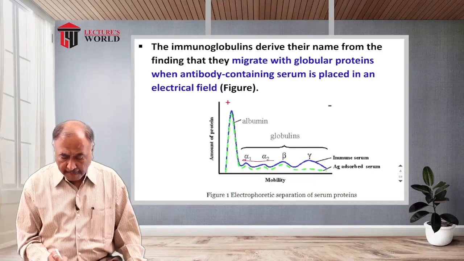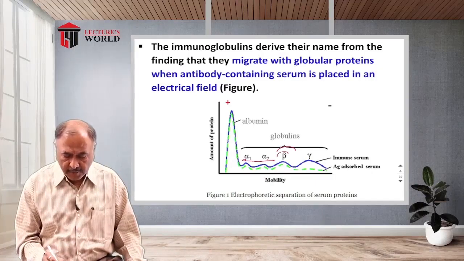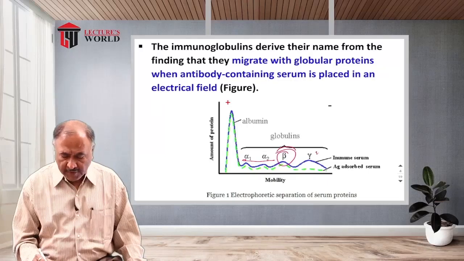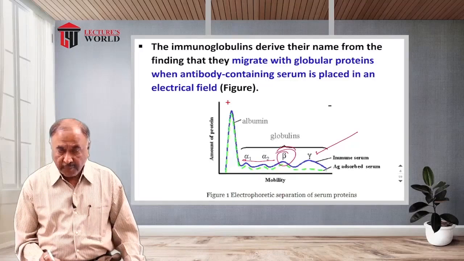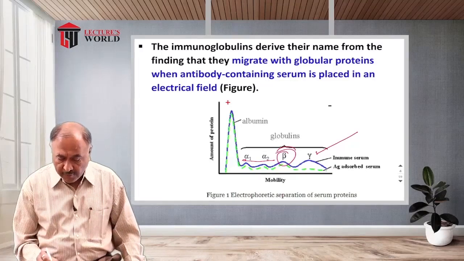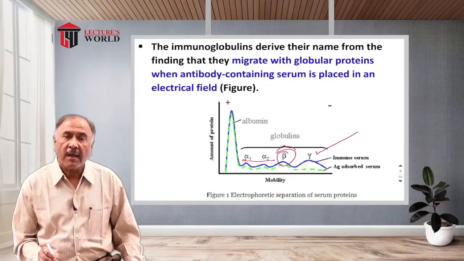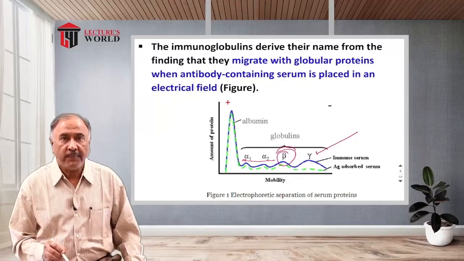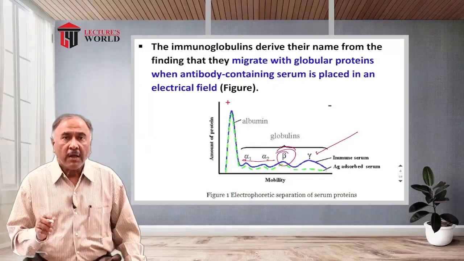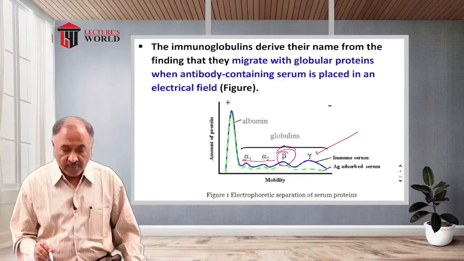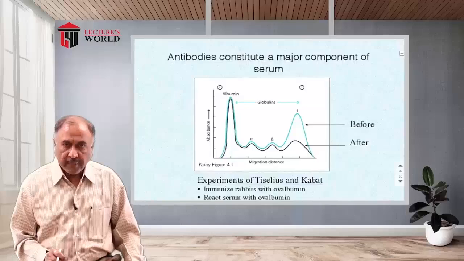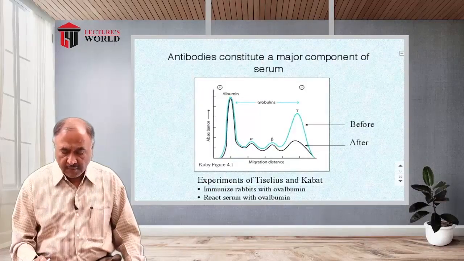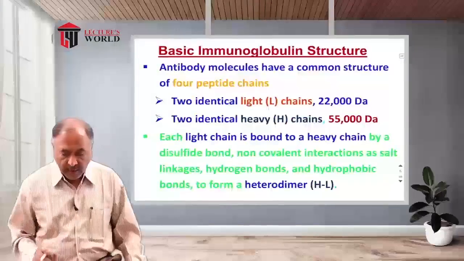Then we have the beta fraction, and then this is the gamma fraction. Now this fraction was the one which was imparting immunity, and therefore it was known as immunoglobulin. This is the diagram which is shown.